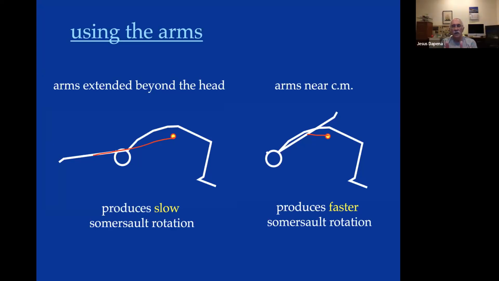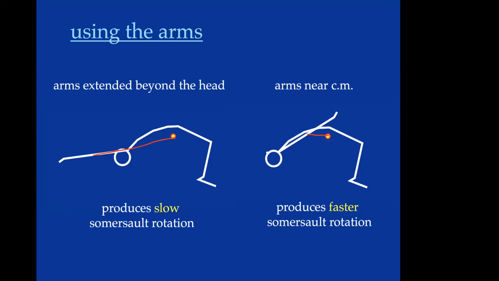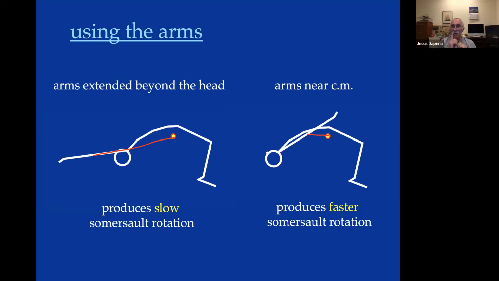What we're doing here is very similar to the figure skater that we saw in the previous talk. In the case of the figure skater, we were talking about rotation about a vertical axis. The athlete was rotating about this vertical axis with the arms very spread out.